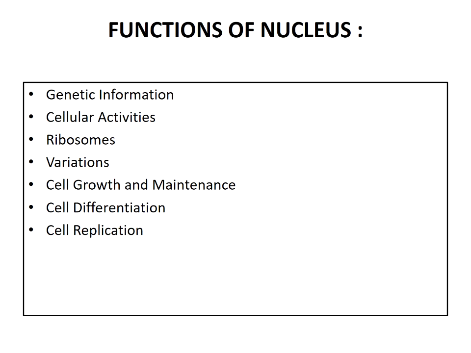Next, the third function is ribosomes. The ribosomes are formed in the nucleolus part of a nucleus. Next, variations. Whatever variations there are are caused by changes in the genetic material present in the nucleus. Next is cell growth and maintenance.